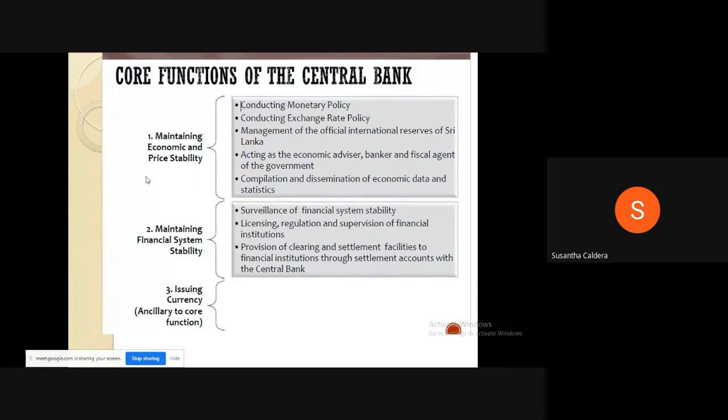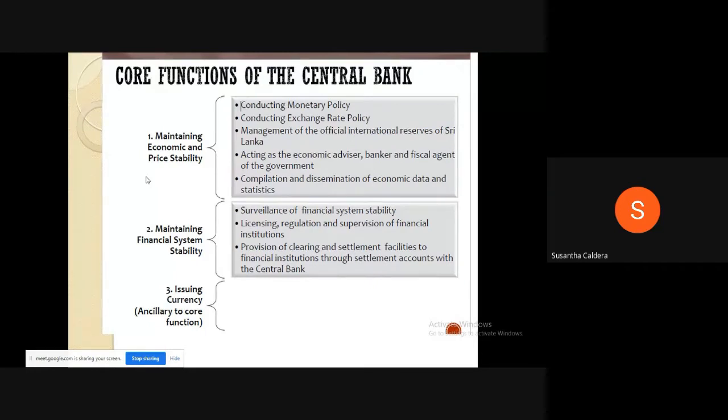Feed in the correct data based on what you are getting from the commercial banks. So whatever data the commercial banks are giving, they compile it and arrive at the economic data of the country. When we are doing the budget and all those things, these figures are very, very important, right?